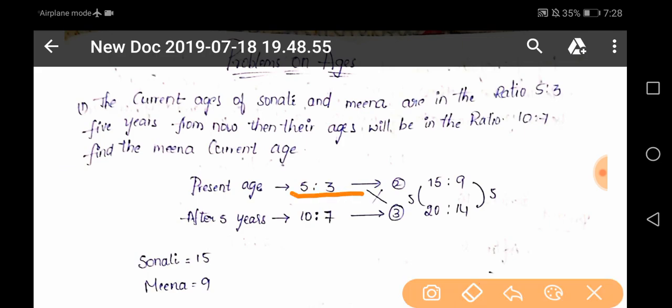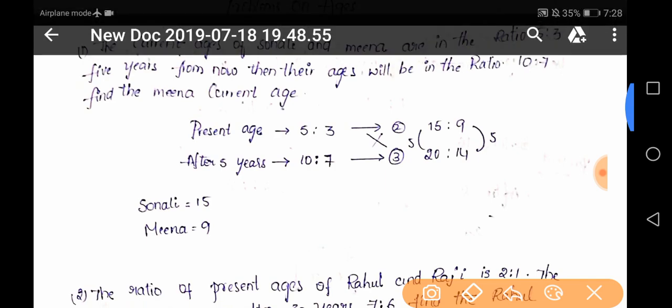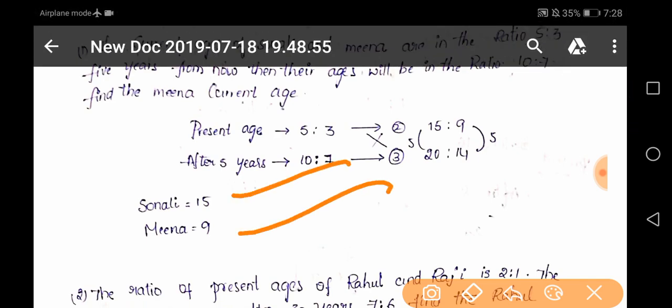Then 5 3s are 15, 3 3s are 9, 10 2s are 20 and 7 2s are 14. Now the difference is the same, so we can directly say Sonali's current age is 15 and Meena's current age is 9.